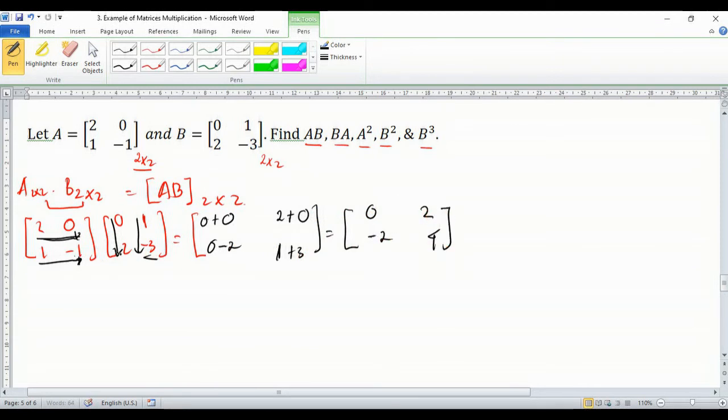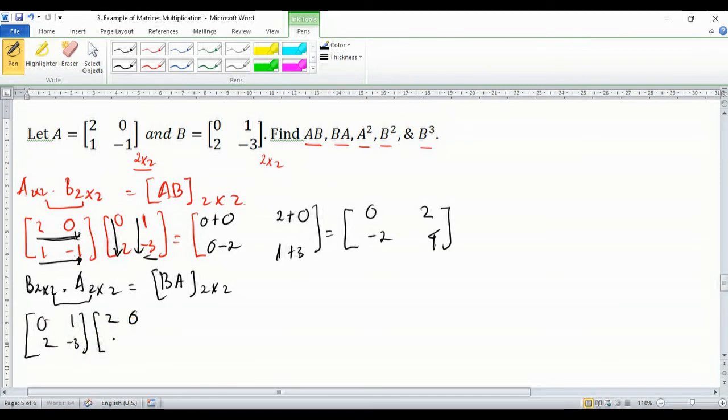This one is for AB. So we want to find B, 2 by 2, times A, 2 by 2. The result will be BA with dimension 2 by 2, right? Because the inner dimensions are equal. So now we continue to find 0, 1, 2, minus 3 times 2, 0, 1, minus 1.